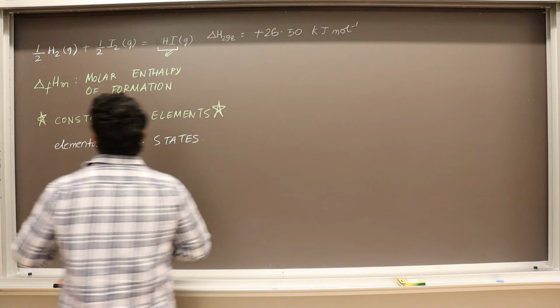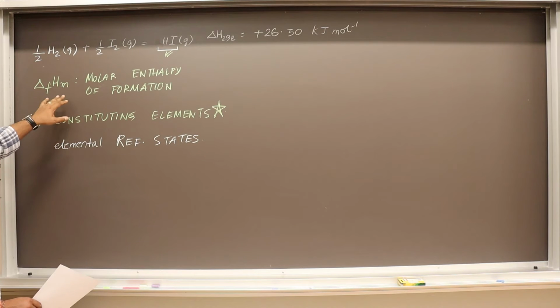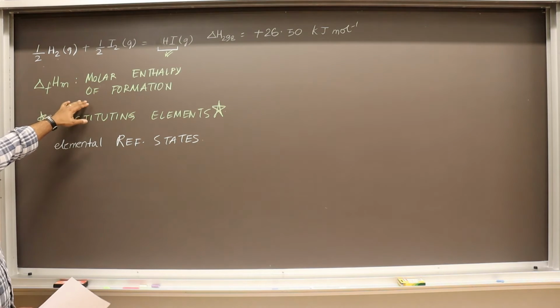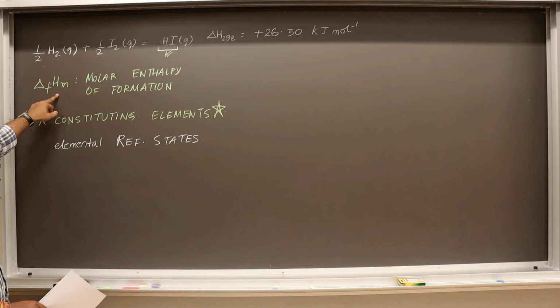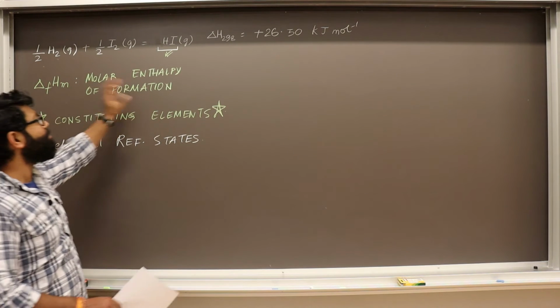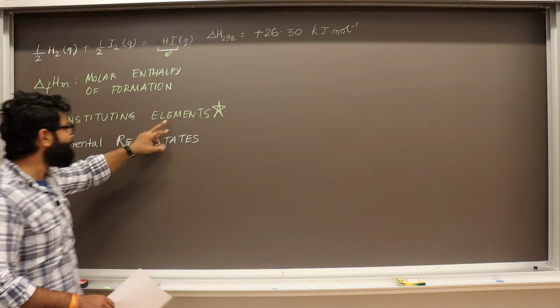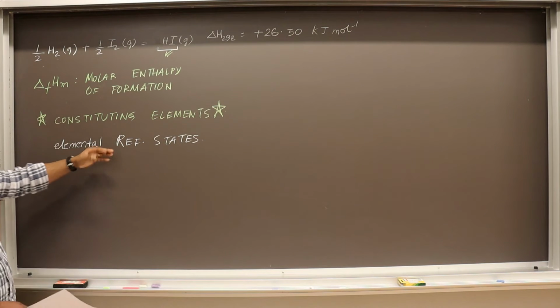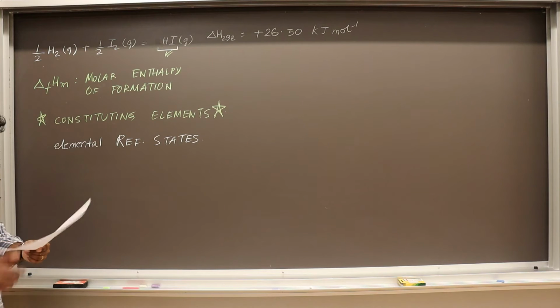For now, just understand that whenever you have a molar enthalpy of formation, you are trying to find the delta H of the reaction that produces 1 mole of that compound from its constituting elements, and those constituting elements should be in their reference state. We'll deal with that.